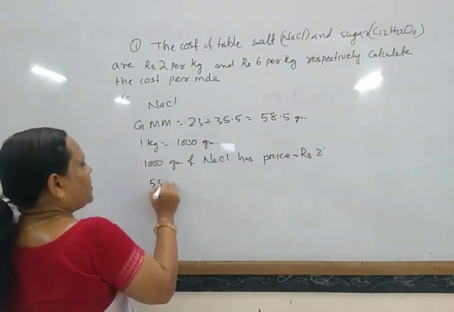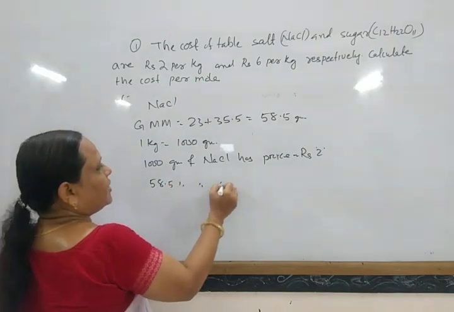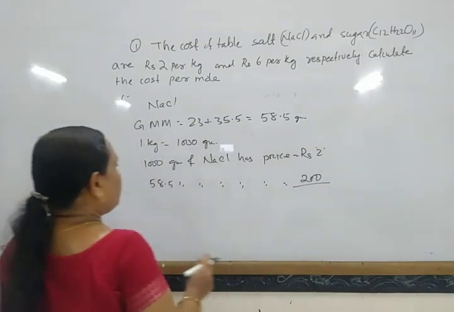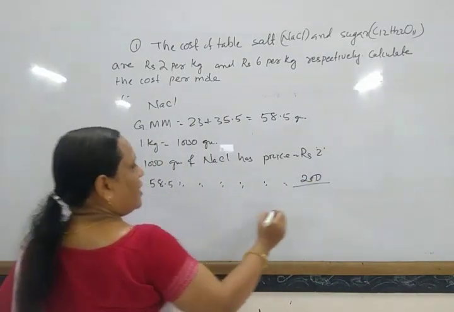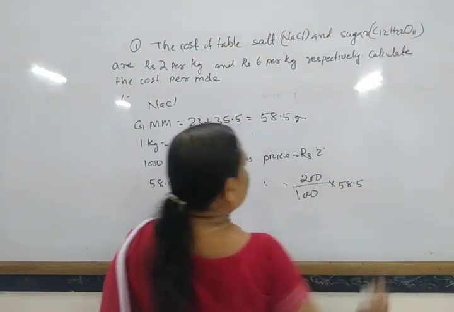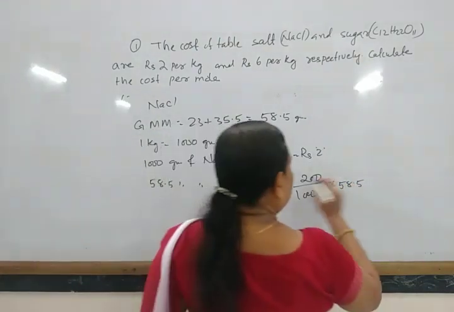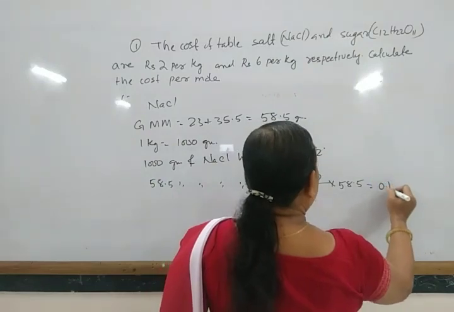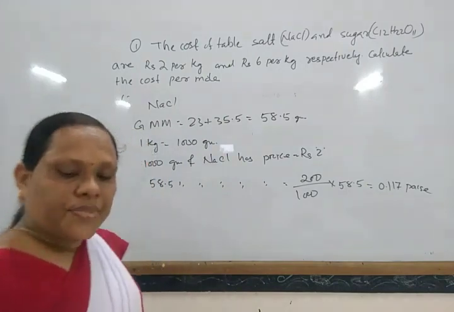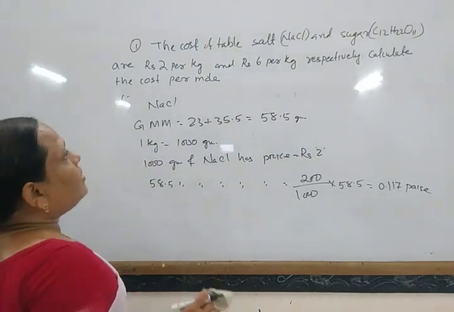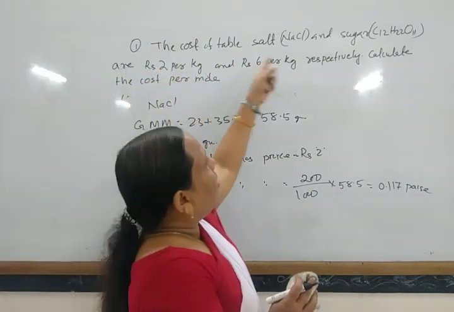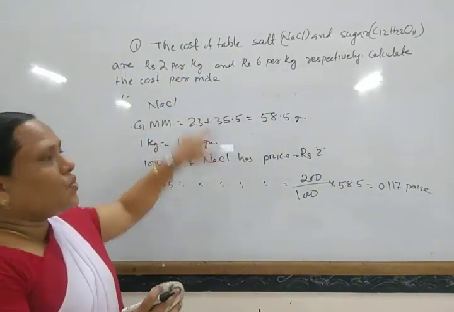Then 58.5 gram of NaCl has price 200 by 1000 into 58.5. Okay, so calculate this: 0.117 paise. So this is for sodium chloride.